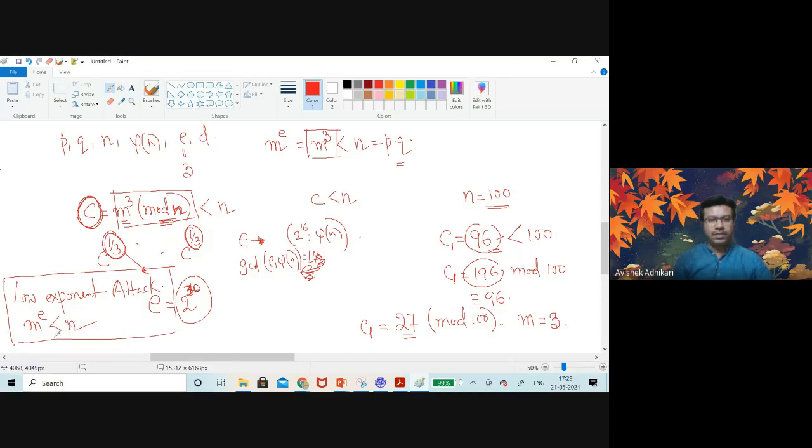One is that the message is such that m to the power e is strictly less than n, so that we can think of it as an integer. Another important fact is that this value e is small, so that calculation of c to the power 1 by e is easy. Clear?